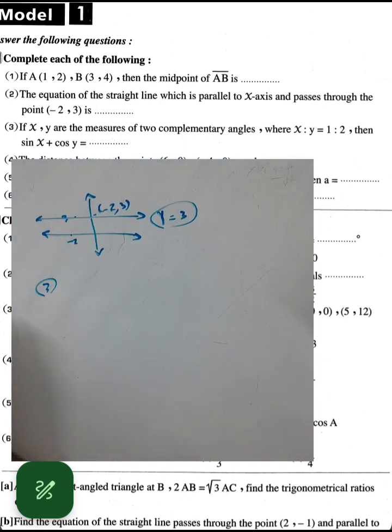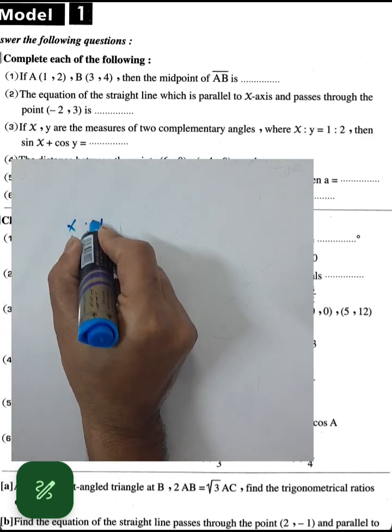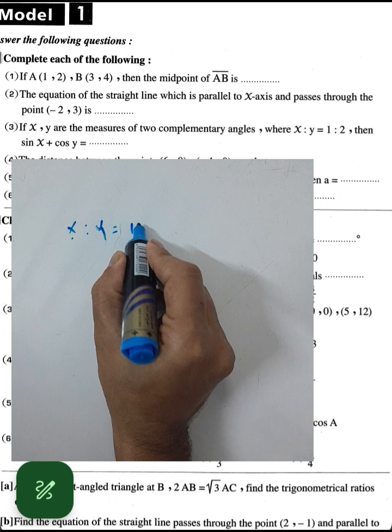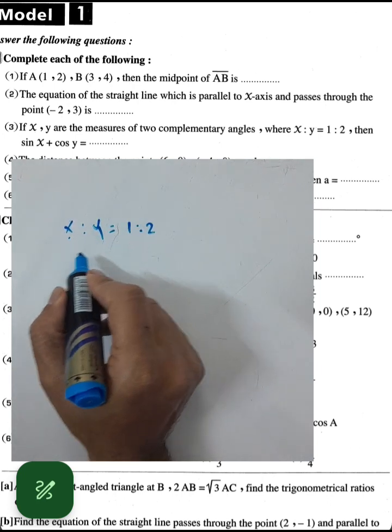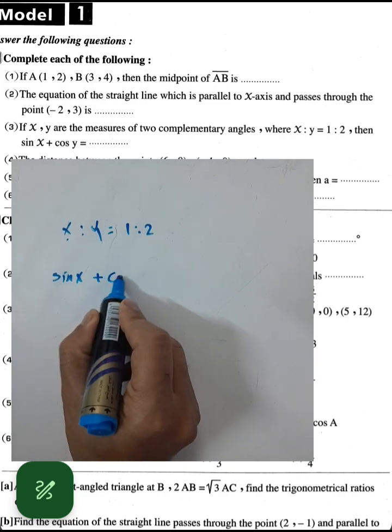x and y are the measures of complementary angles. Complementary angles means the sum of the two angles equals 90 degrees. The ratio between x and y equals 1 to 2, then find sin x plus cosine y.